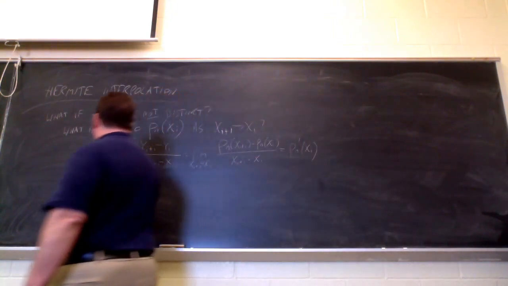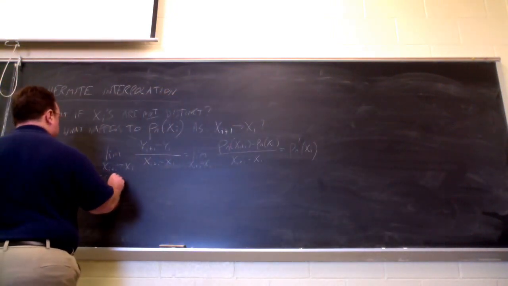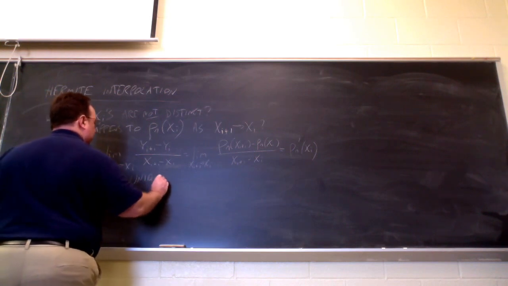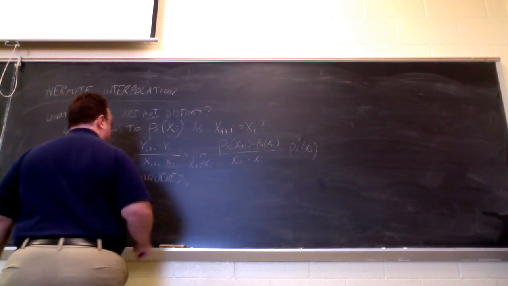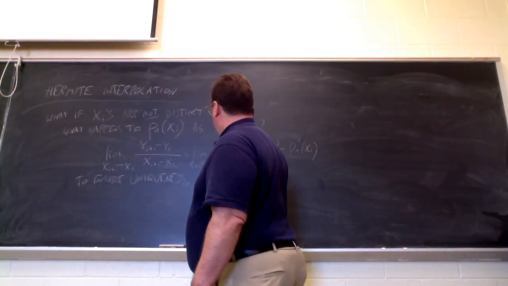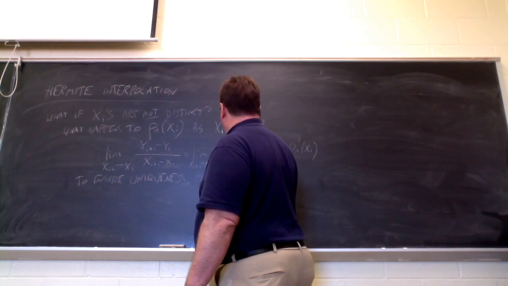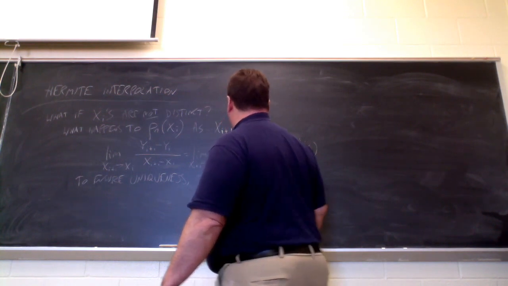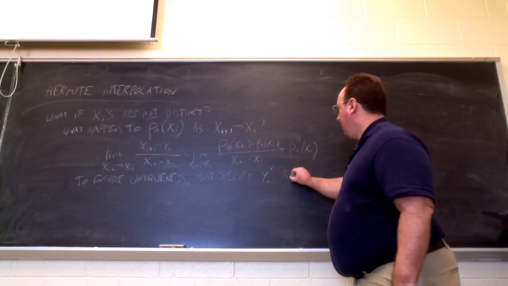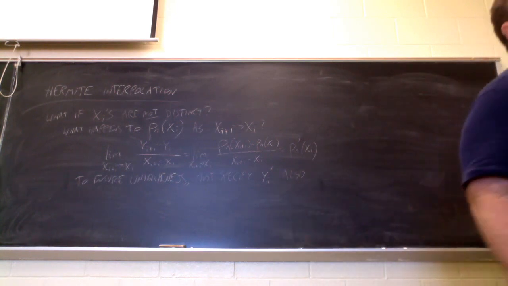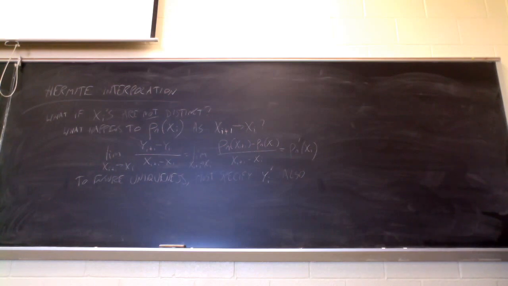So what we can do to ensure uniqueness is specify a derivative value, like yi prime. That way, even though we no longer have n plus 1 distinct x's, we still have n plus 1 constraints on our n plus 1 unknowns, the coefficients. So really, we're just swapping one constraint for another. So we still have a unique interpolating polynomial.